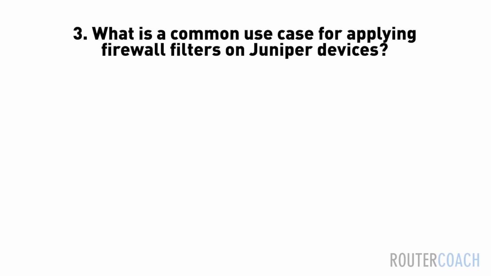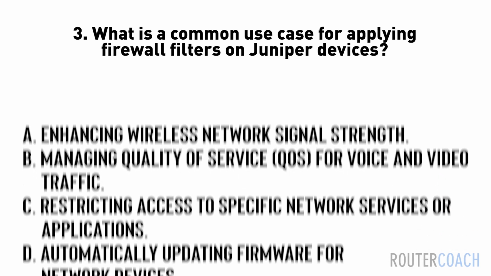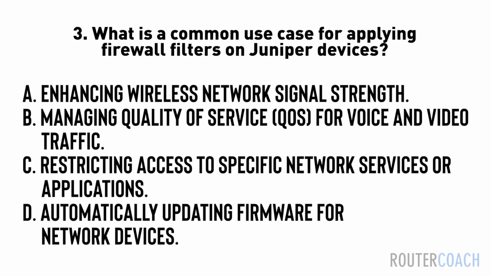Question 3. What is a common use case for applying firewall filters on Juniper devices? A. Enhancing wireless network signal strength. B. Managing quality of service, QoS, for voice and video traffic. C. Restricting access to specific network services or applications. D. Automatically updating firmware for network devices.